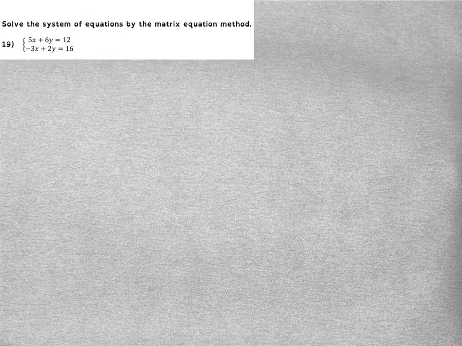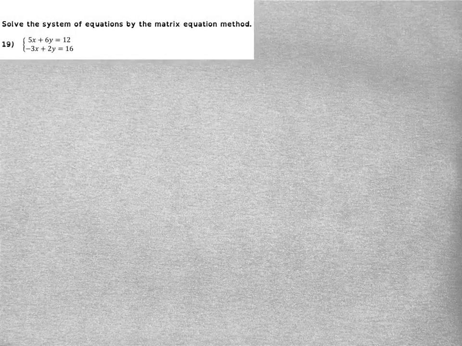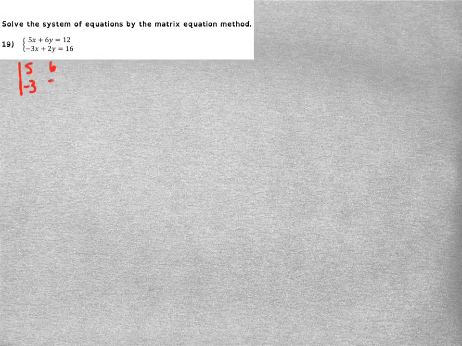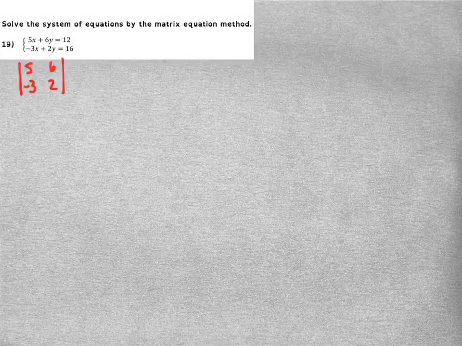The last problem, we're actually going to have to do multiple steps. We're going to have to first find the inverse and then multiply that inverse times the answer matrix. So to find our determinant, we're going to do 5, 6, negative 3, 2, because we have to do the coefficient matrix.